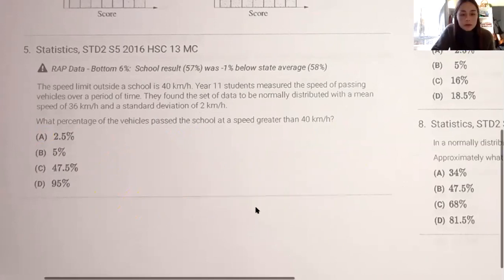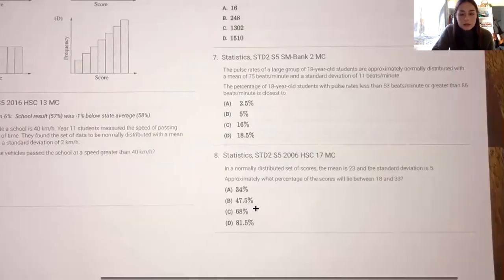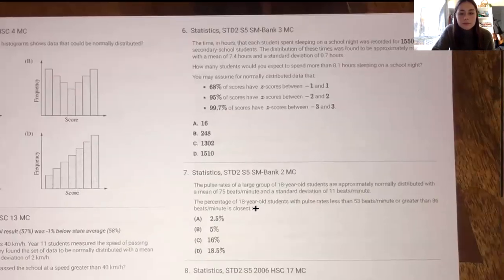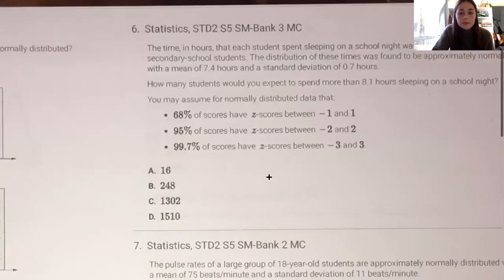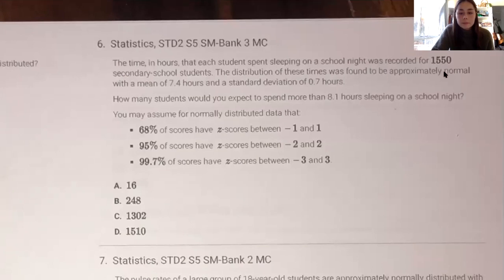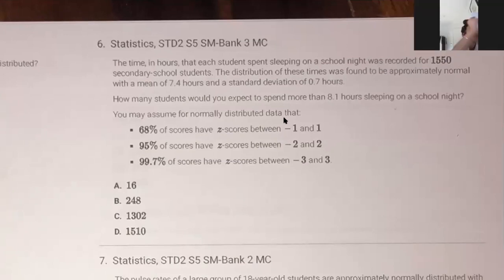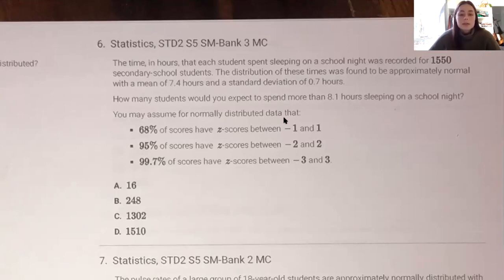Let's have a look at question 6. The time in hours that each student spent sleeping on a school night was recorded. The distribution of these times.